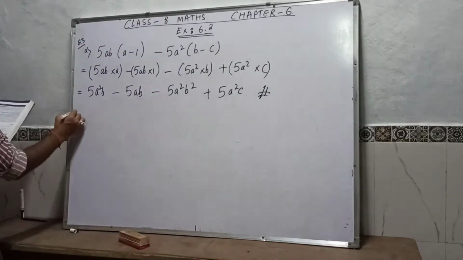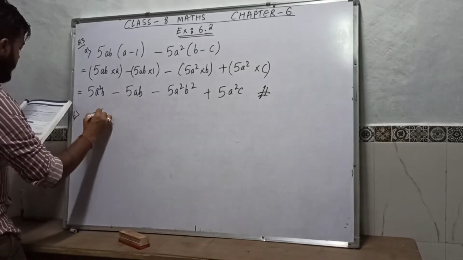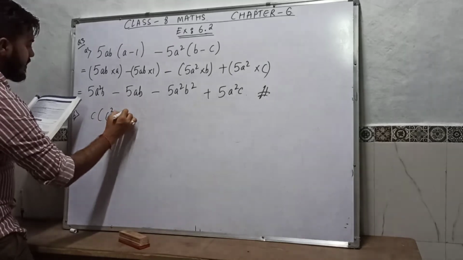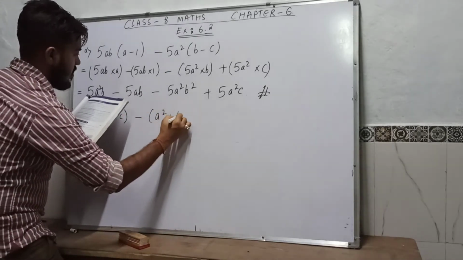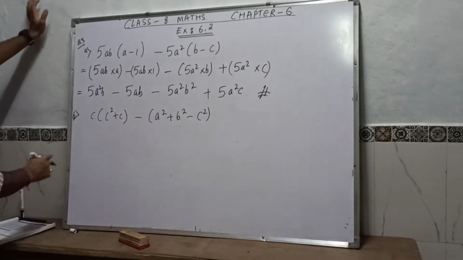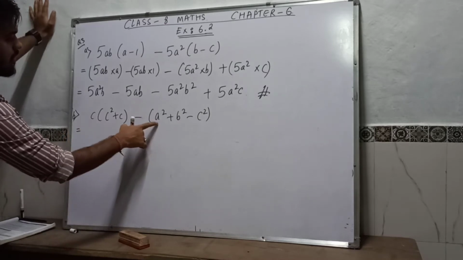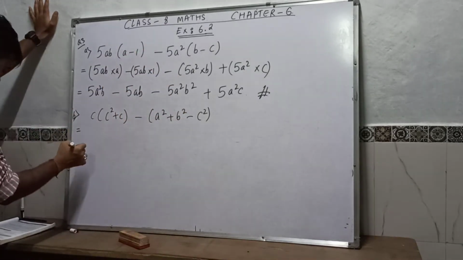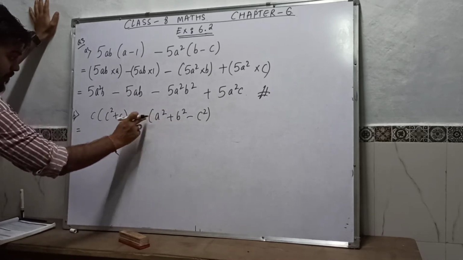Now let us see number b. Number b, c into c square plus c minus a square plus b square minus c square. Correct? Now let us solve this one. C into this, c into this. Okay, and it will be same. Here we have nothing to multiply with, right?